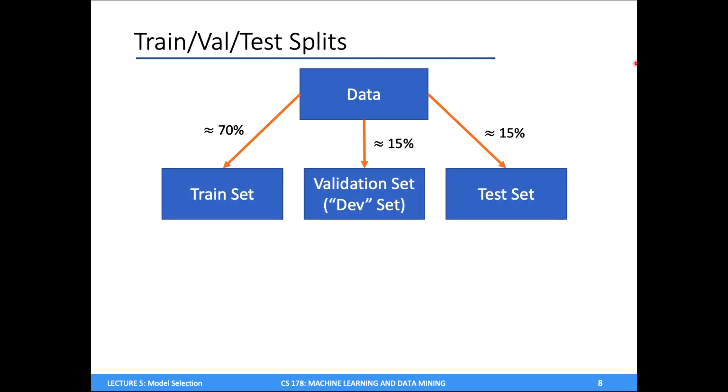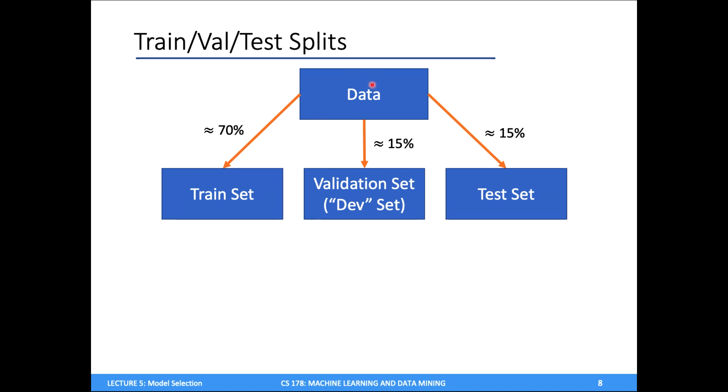Okay, so the question you should keep in mind for model selection now is how do we actually pick the degree of that polynomial? How do we choose what polynomial to use? One very common but straightforward technique for doing model selection is to create what's called a train validation test split of your data.